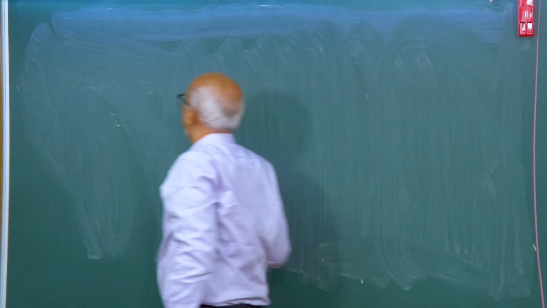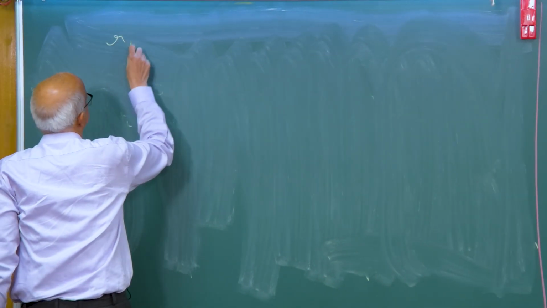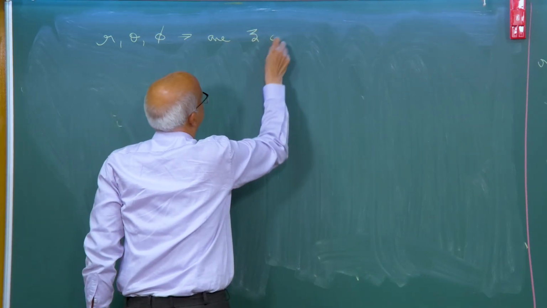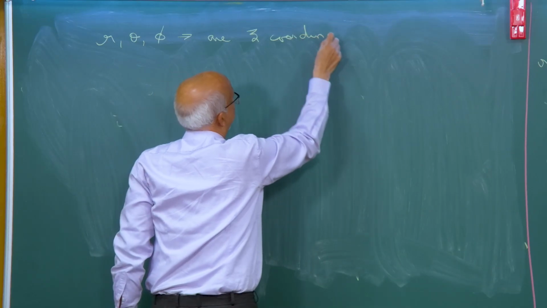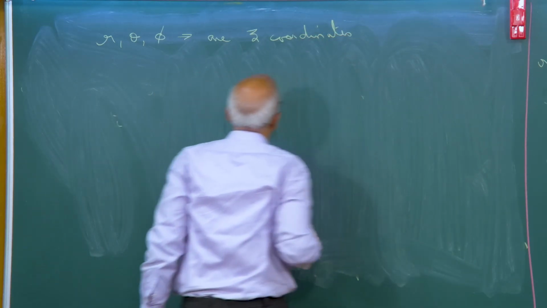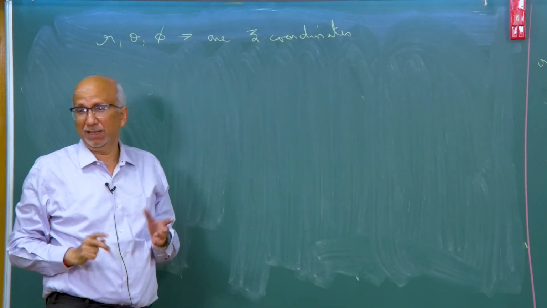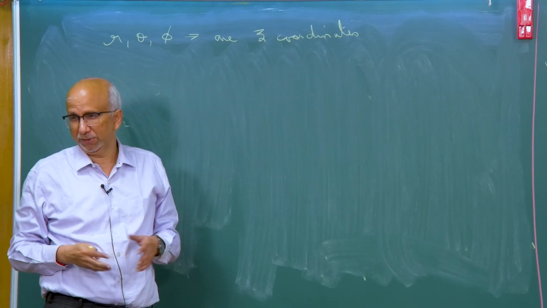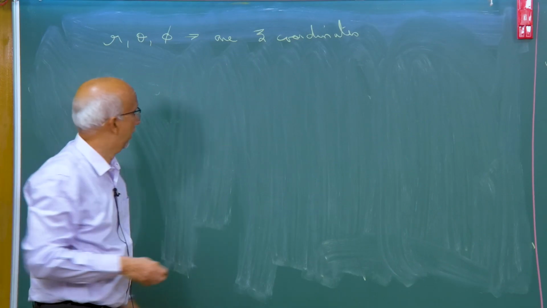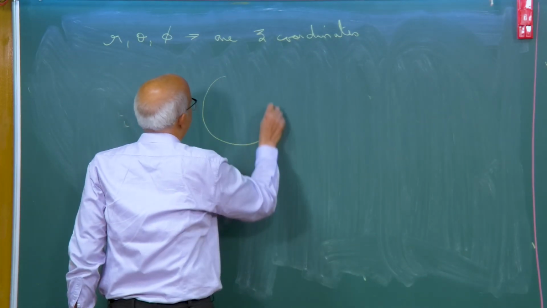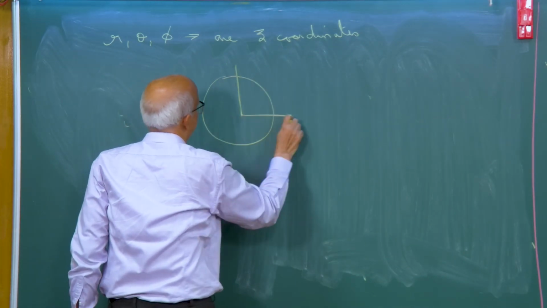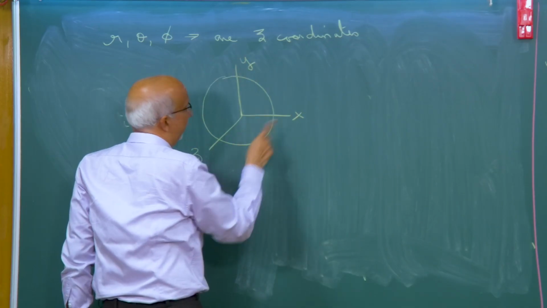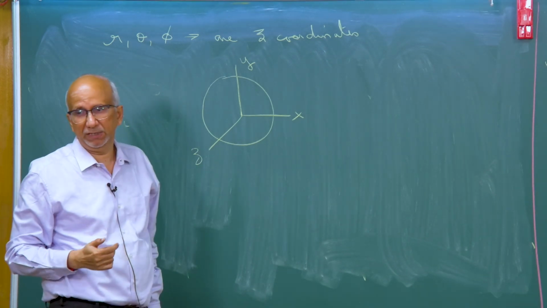In the spherical coordinate system, the three coordinates are r, theta and phi. Cartesian is easy to visualize, cylindrical is also easy, but spherical you have to think. This is a sphere, and this is of course x, y and z, but we are not working with x, y, z, we are working in r, theta, phi.